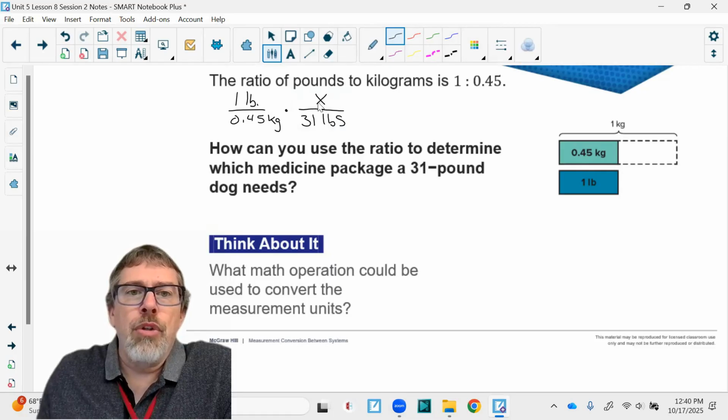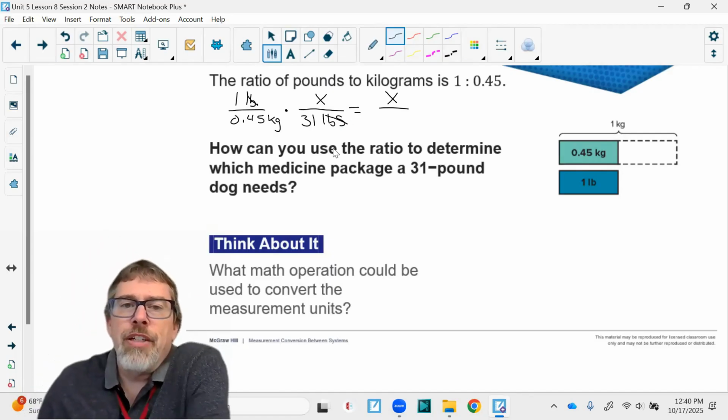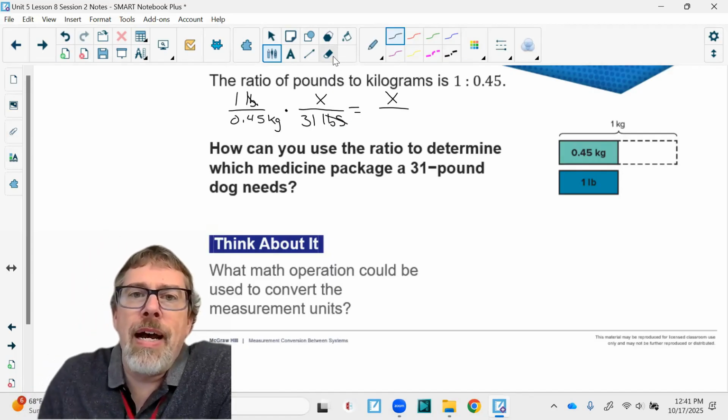In order to do this, we want to cross multiply, or actually cancel pounds. A pound divided by a pound is a pound, and 1 times X is X over 0.45 kg. Actually, do I want to use an X if I do it this way? Probably not. So let me just erase this X.